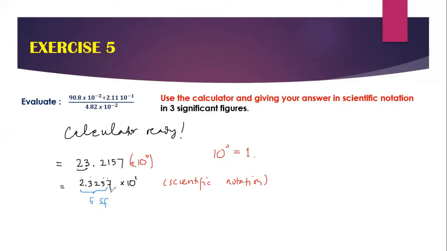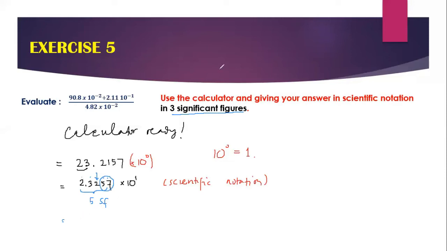But our job is to modify it to be 3 significant figures. So we have to change this number and stop on 2. Right? 1, 2, 3. So what about 5 and 7? 5 and 7 will be rounded up.